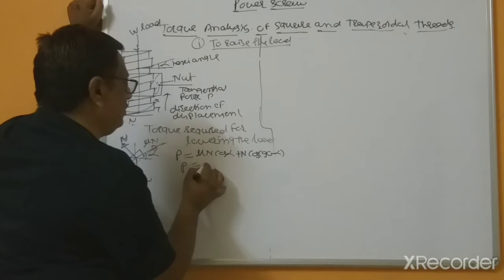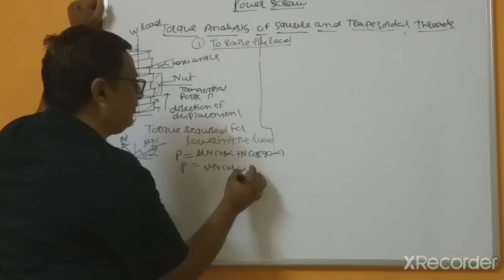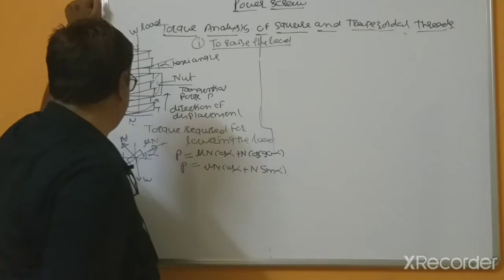So P equal to mu N cos alpha plus N sin alpha.